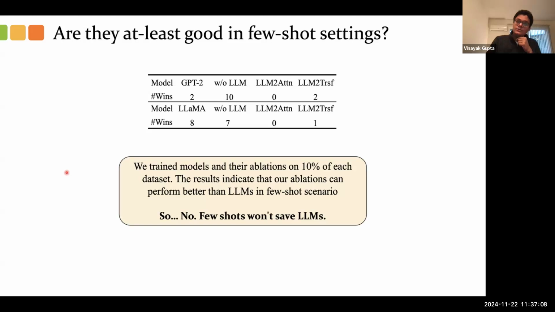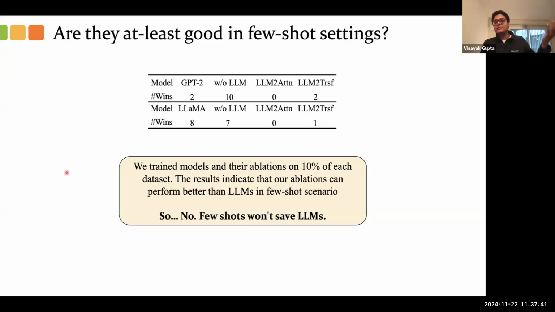Prompting the LLM is not the right way for time series forecasting, so what we do is take the large language model and our aberrations, and we take 10% of each data set. Then we fine-tune the large language model on that 10%, which we consider some few-shot. Then we try to forecast for the test set, to check whether the large language model can forecast now or not. This is a setting for few-shot. You have seen the data, you have seen the samples.